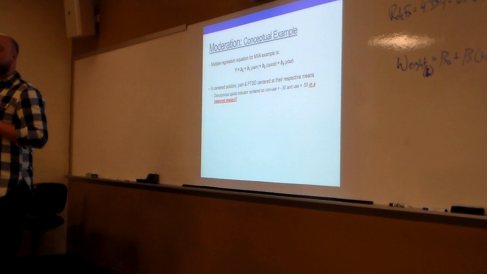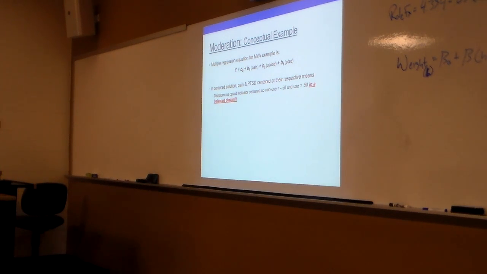But for this data set, I'm also going to center opiate use. Literally, I'm going to center opiate use the same way I would center other things, even though it's not a continuous variable.